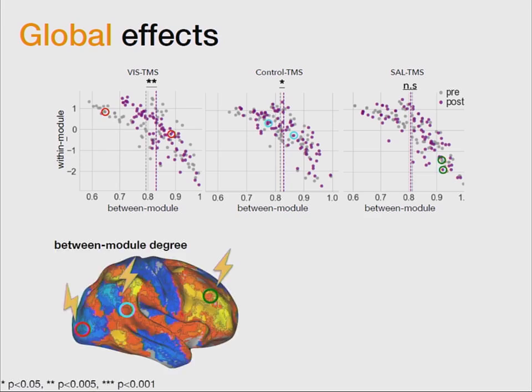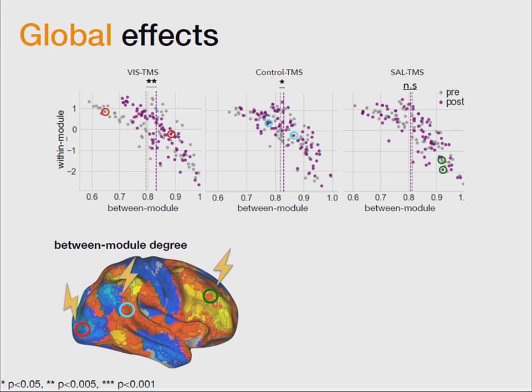To go a step further, we calculated the distribution of between module functional integration across the complete cortex. The x-axis of this scatter plot is now represented in the cortical representation here.